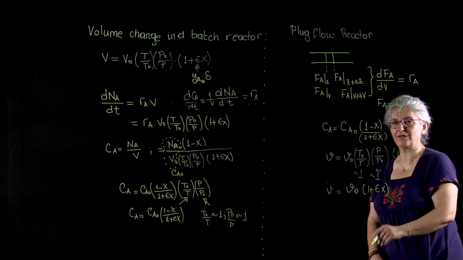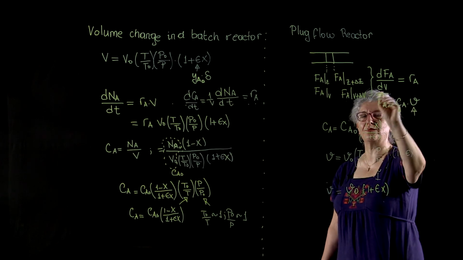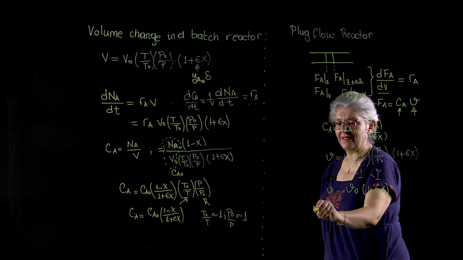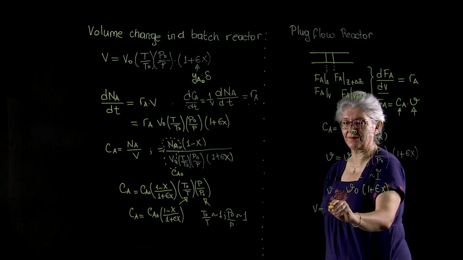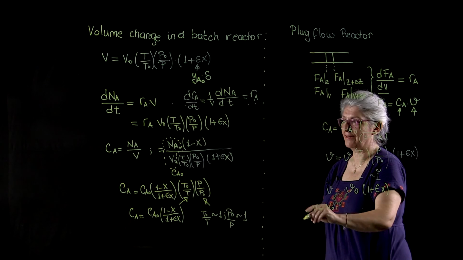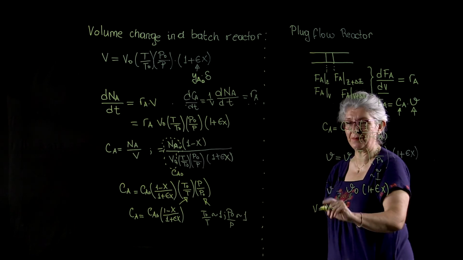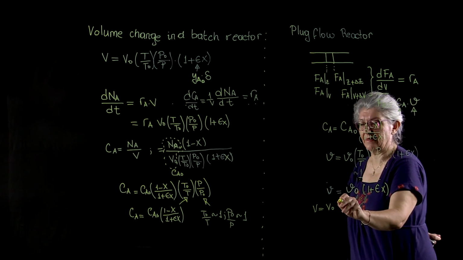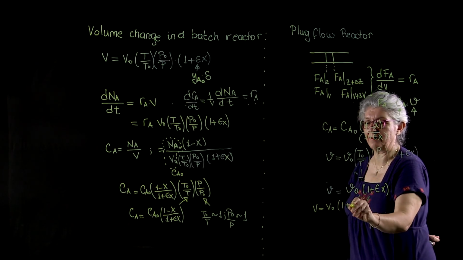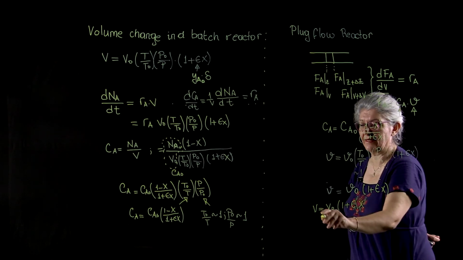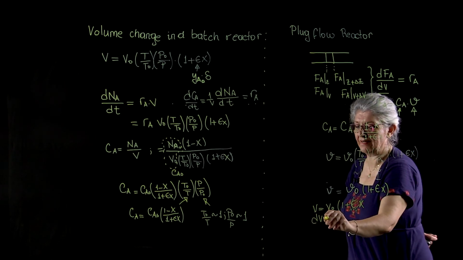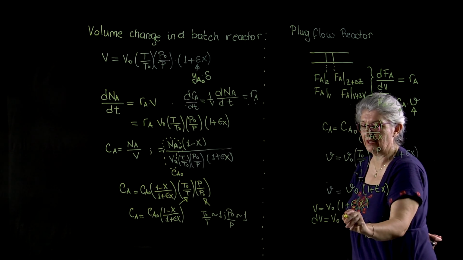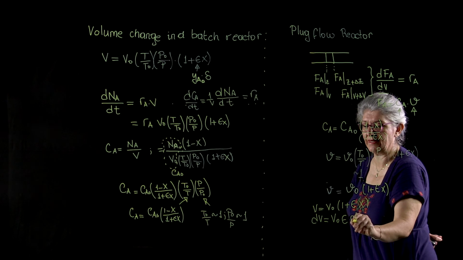And of course, we have to take this term also into consideration. V is equal to V0. Let's just leave temperature and pressure dependencies out, 1 plus epsilon x, then dV is equal to V0 epsilon dx.